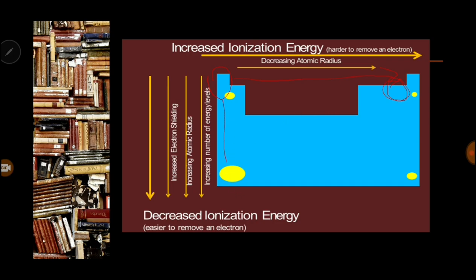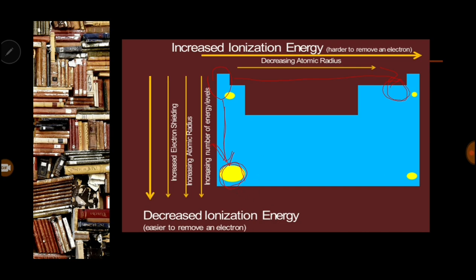However, down the group, it will decrease the ionization energy, because the ability to remove an electron becomes easier toward the last corner of the periodic table.